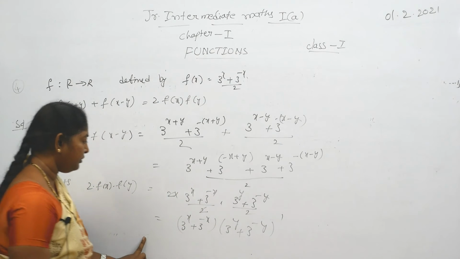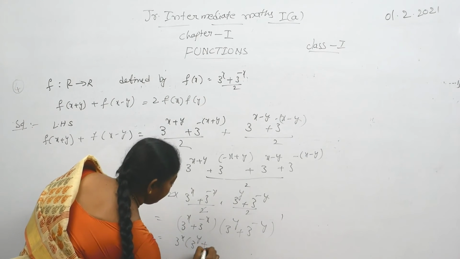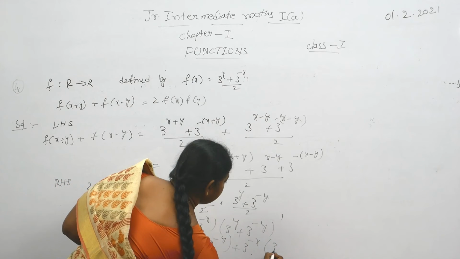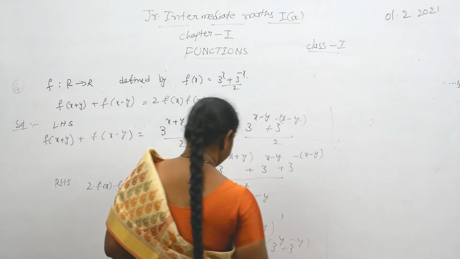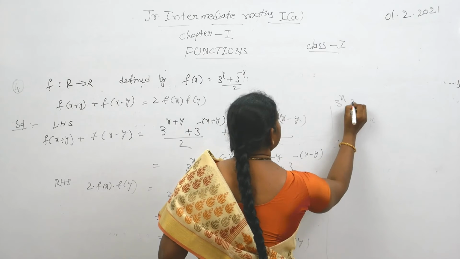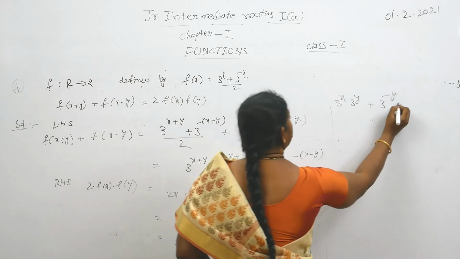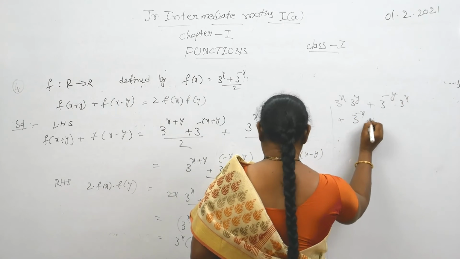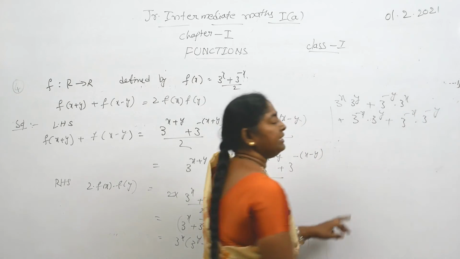By using the distributive property, 3 power x into 3 power y plus 3 power minus y, plus 3 power minus x into 3 power y plus 3 power minus y. So here 3 power x into 3 power y plus 3 power x into 3 power minus y plus 3 power minus x into 3 power y plus 3 power minus x into 3 power minus y.